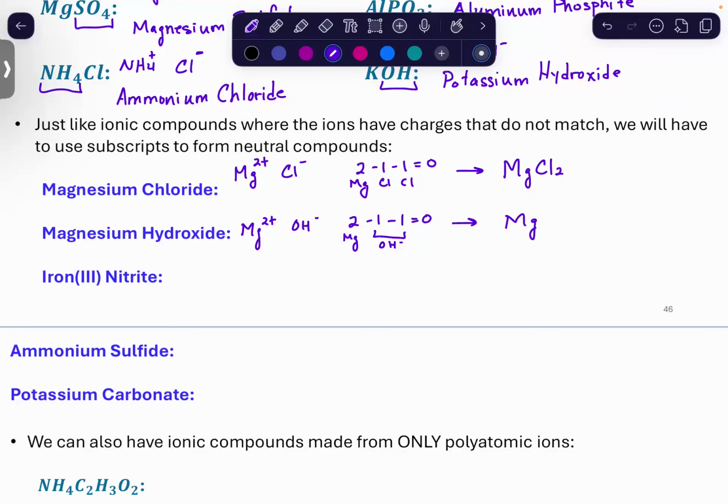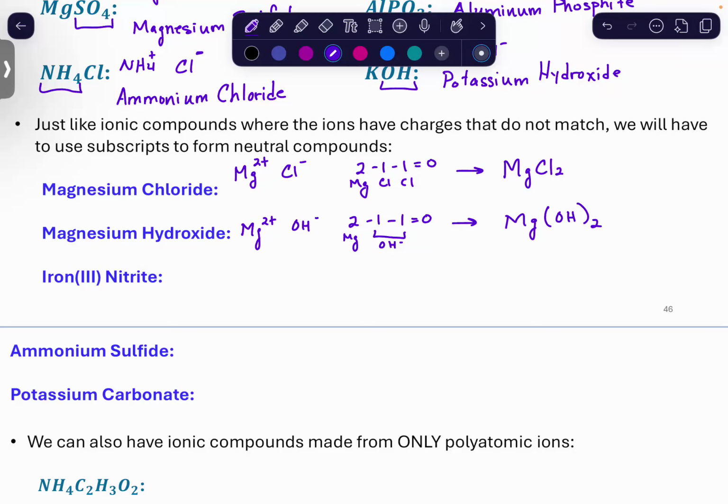So we have to put a subscript on the entire polyatomic ion. Okay, so you have your magnesium, but you need 2 hydroxides. So the hydroxide is going to have to go in parentheses, and then I put the 2 on the outside. So now I have 2 of the hydroxides.